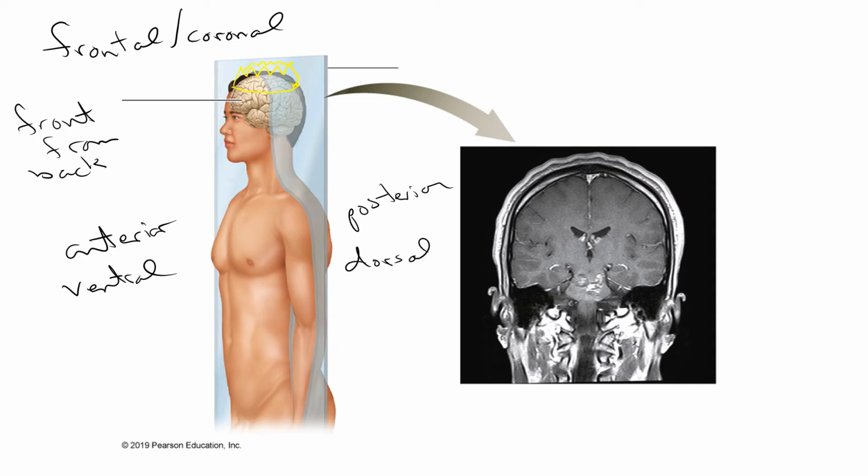Lots of times this is an MRI of the head, and on an MRI or CT scan, you'll always see an abbreviation in the corner, and it'll be COR, letting you know that this is a coronal section.